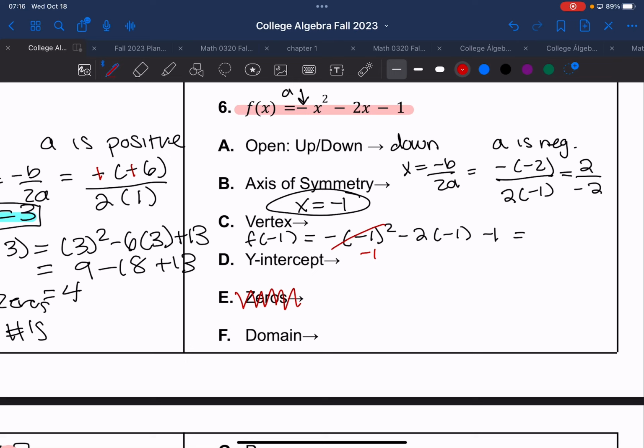Negative 2 times negative 1 is 2, so plus 2, and then minus 1. So we have negative 1 plus 2, which is 1. 1 minus 1 is 0. So that means our vertex is going to be at what point? Negative 1 comma 0.